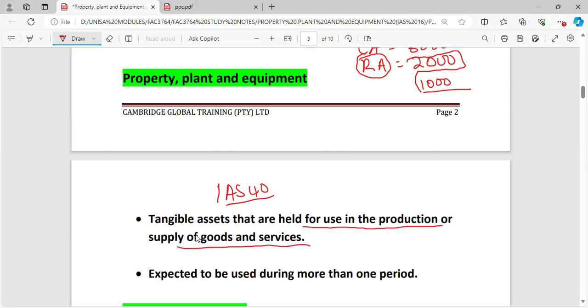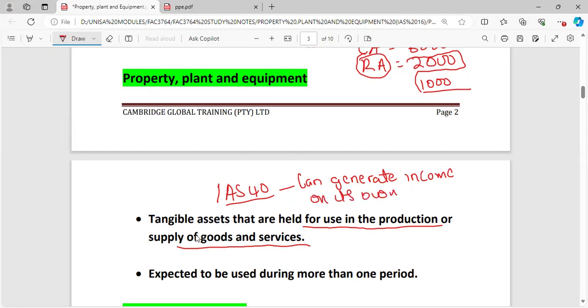But when you go to IAS 40, investment property can generate income on its own. So that is investment property.